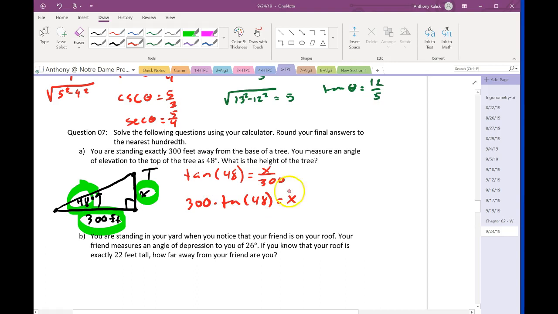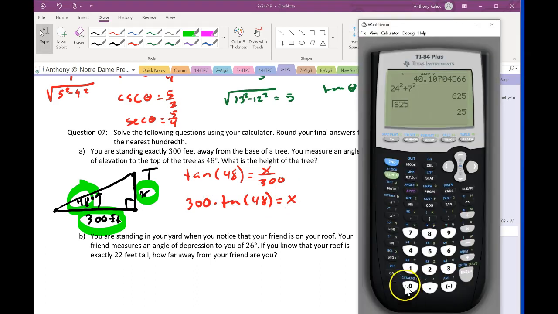And then type this into my calculator. Important note. The angle measure we're using in this problem is 48 degrees. Before I type in sine, cosine, or tangent to my calculator, I need to make sure the mode of my calculator matches the angle measurement in my problem.